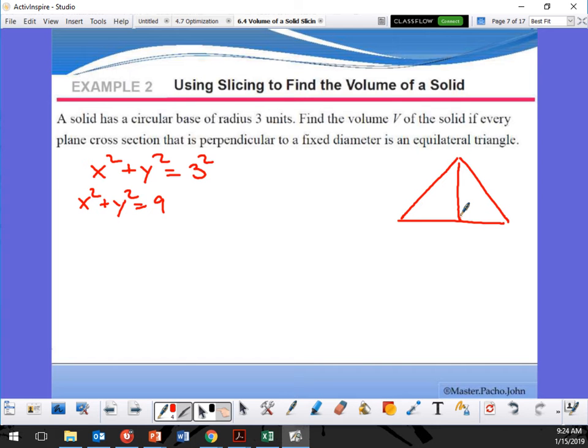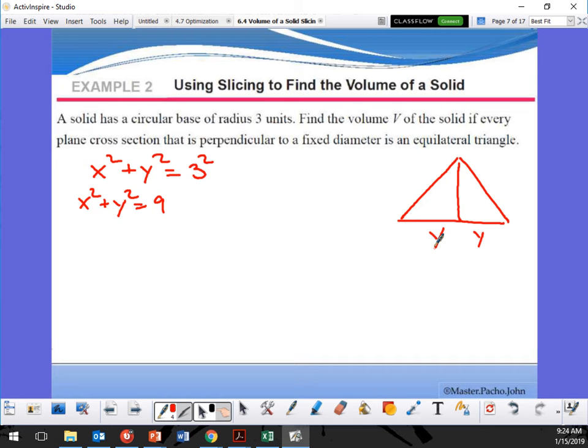It should look like this, right? I'm going to use the same variables that they had. So this is y, that's y. Being an equilateral triangle, what do I know about the sides? The sides should all be equal. They should all be the same.